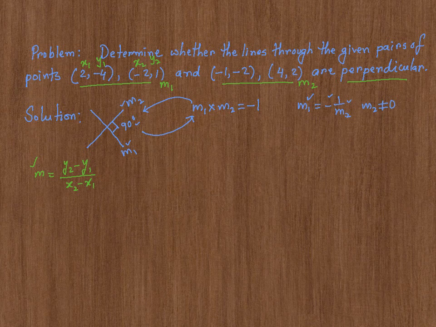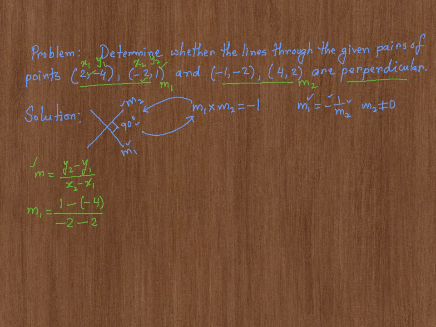If I use the slope formula, my first slope m1 is equal to y2 minus y1. y2 is 1 minus y1 is negative 4, so it's going to be 1 minus negative 4 divided by x2, which is negative 2, minus x1, which is 2.